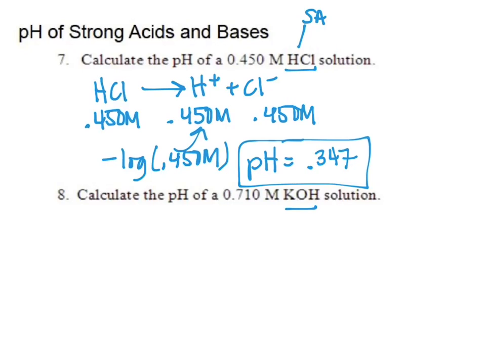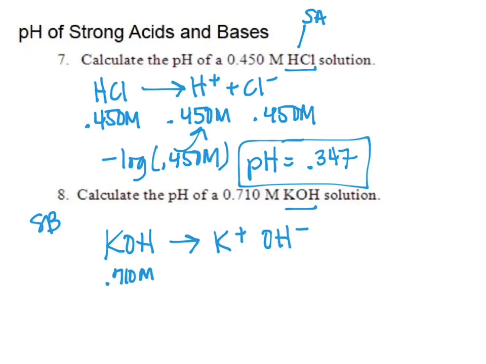Next we have KOH, which is a strong base. KOH is going to break into K plus and OH minus. Again, when it breaks apart, the molarity for each ion will be the same.